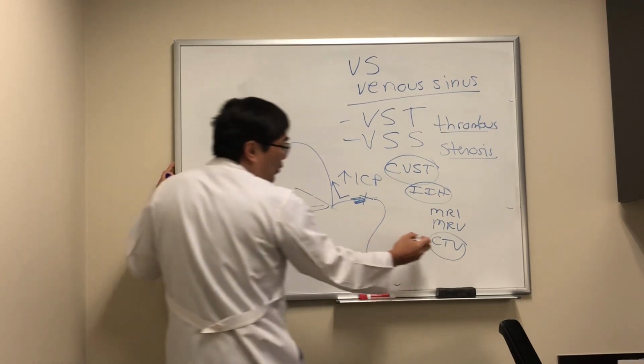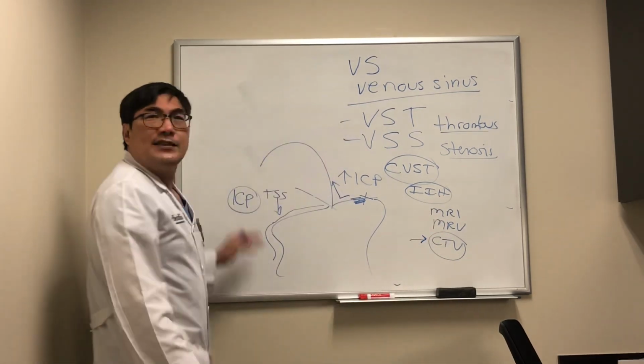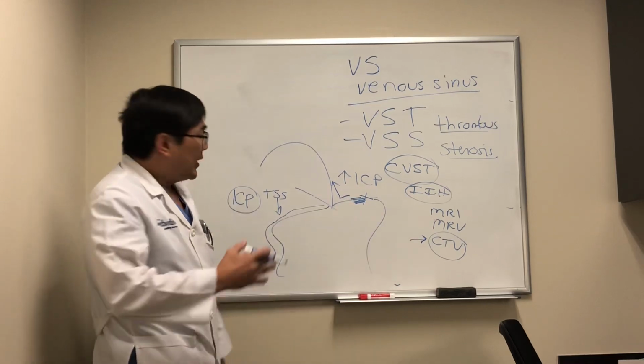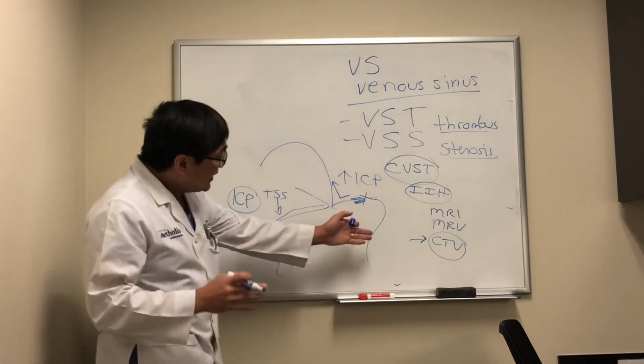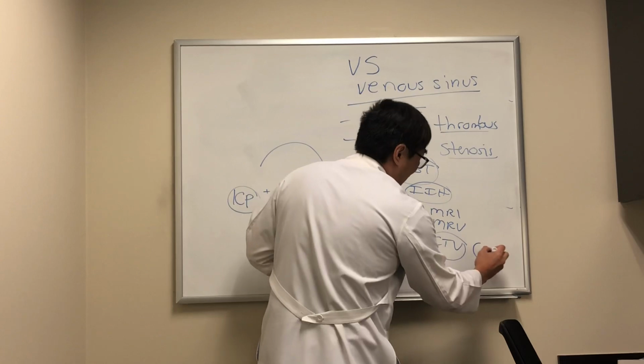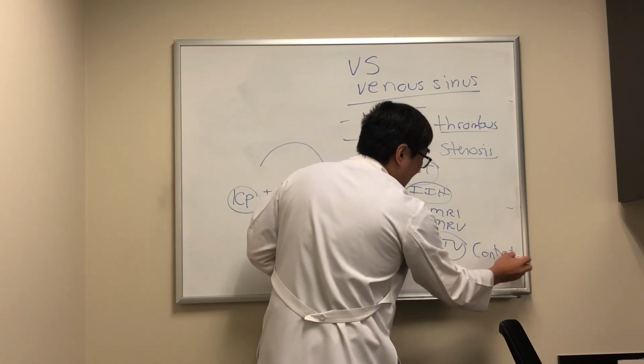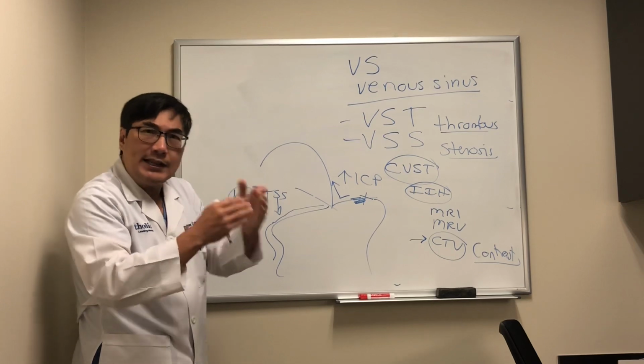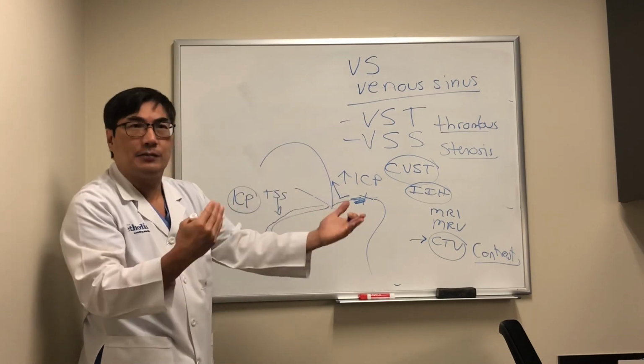And you might say, well, why not just do a CTV then? And why is a CTV better than an MRV? The short answer is a CT venogram has contrast. So in a CT scan, we are looking at the iodinated contrast. In CT, it either blocks the X-ray or it doesn't block the X-ray.